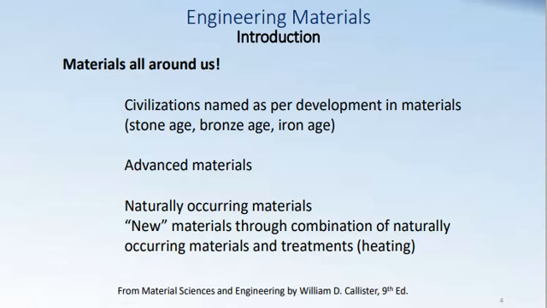These materials are called advanced materials, and they are designed to meet certain advanced needs or advanced characteristics. Because we now know and understand the relationship between structure of materials and their properties, we can tailor make material for a particular application.